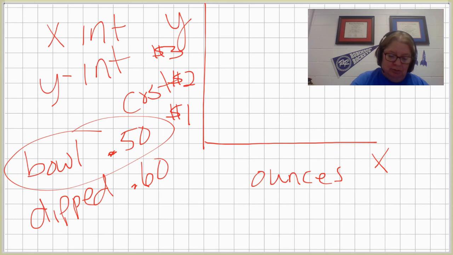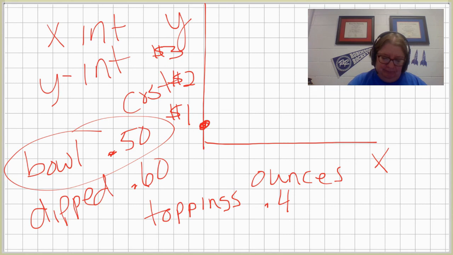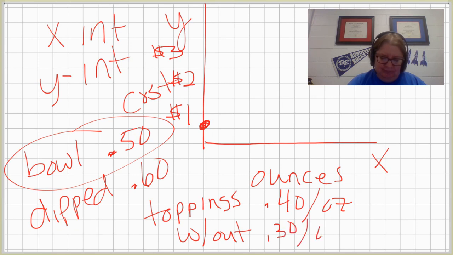Okay, so this is 50 cents, right? And then the yogurt with toppings was 40 cents an ounce. Tested my memory here. And without toppings, it's 30 cents per ounce.